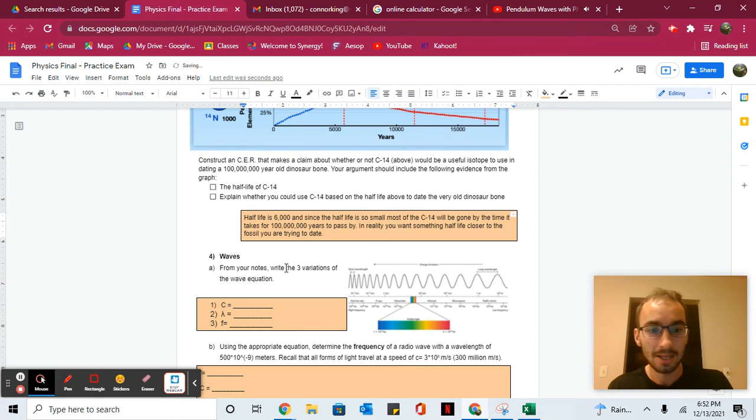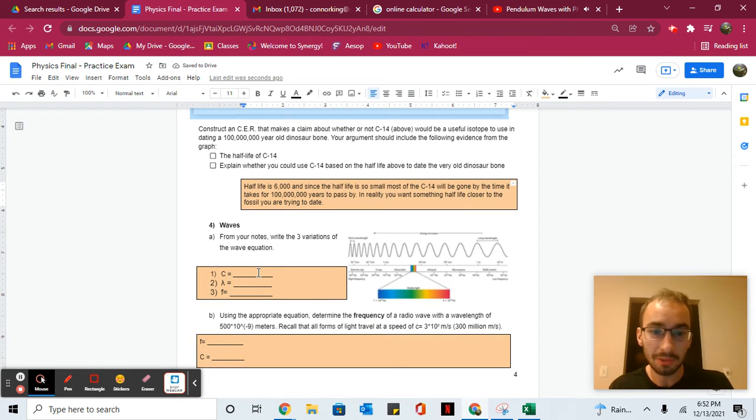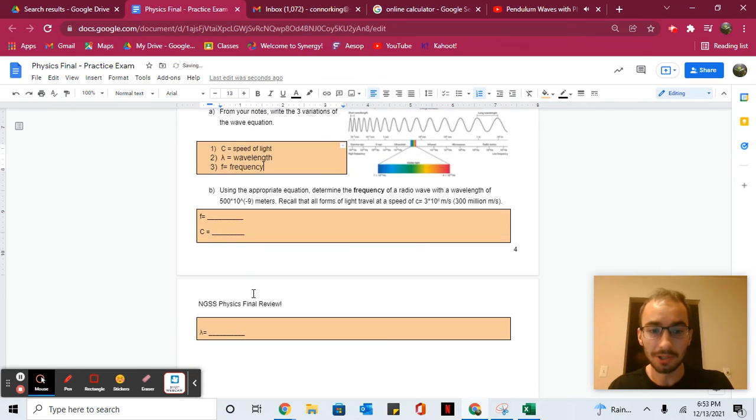Okay. Next one is from your notes, write the three variations of the wave equation. C is the speed of light. Lambda is wavelength. Hopefully you have that in your notes. F is frequency. Using the appropriate equation, determine the frequency of a radio wave with a wavelength of 500 times 10 to the power negative 9 meters.